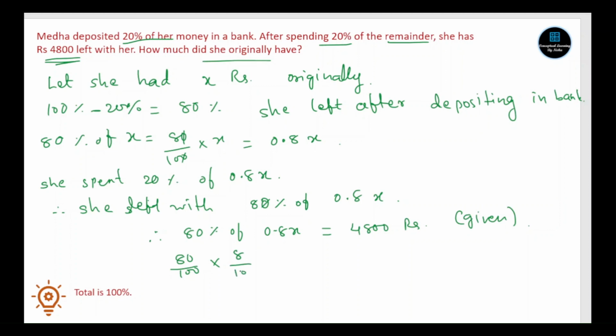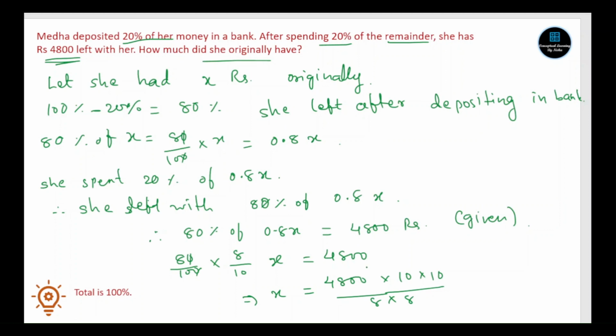So 8 upon 10 x is equal to 4,800. As I said, we'll cancel out the 0 and then find x by taking the numbers to the other side. So I'll write 10 upon 8, the reciprocal of this.